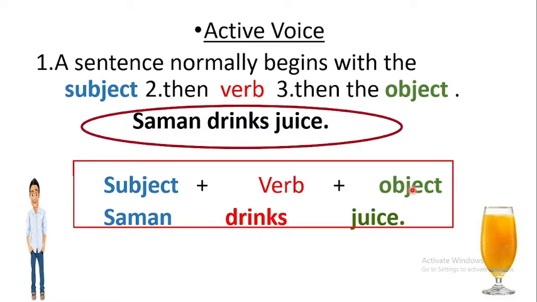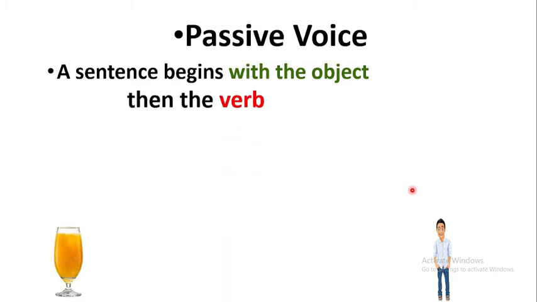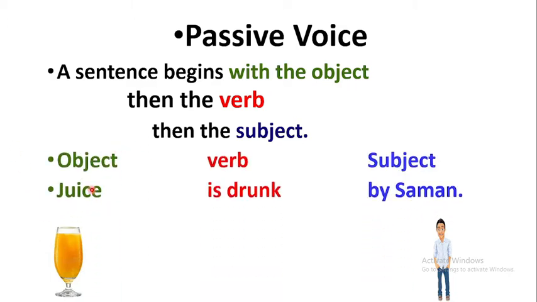But say the passive voice. A sentence begins with the object first, then the verb, then the subject. See this glass. In the previous slide, the object has come to the end. Now it's here in the start. See, object juice and verb has changed into is drunk and subject is by someone.